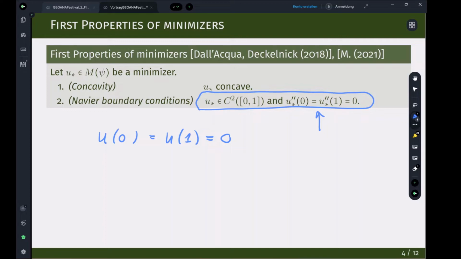This is again because the obstacle is not present at the boundary, and therefore you may vary freely at the boundary. So there's no reason for minimizers to have curvature at the boundary. They really don't want to collect any curvature at the boundary because this is not energetically useful. So they rather say that they won't curve at the boundary. And this also comes with a regularity statement that can also be of use. We know that all those minimizers are C^2. Okay, so those are 2 properties that will be of importance later, and this is why we discussed them here.